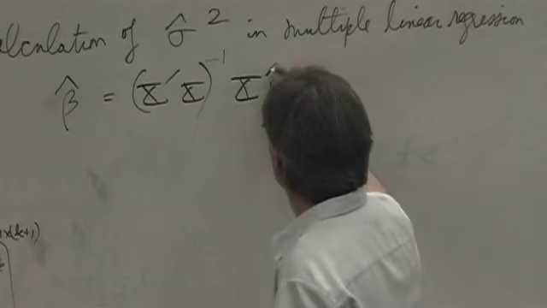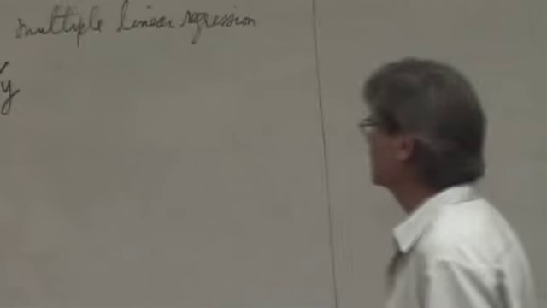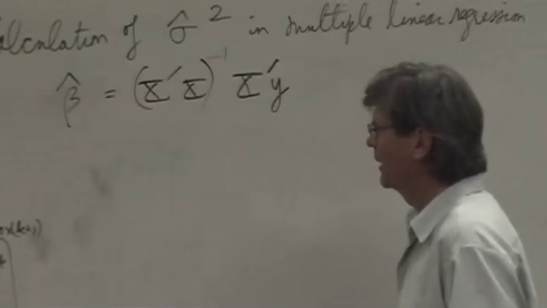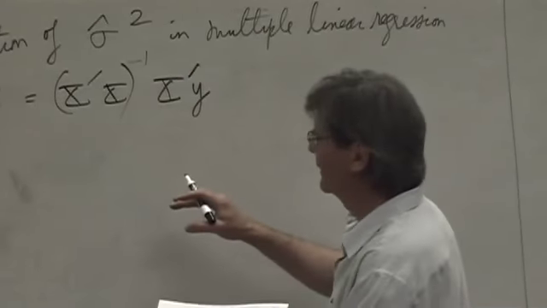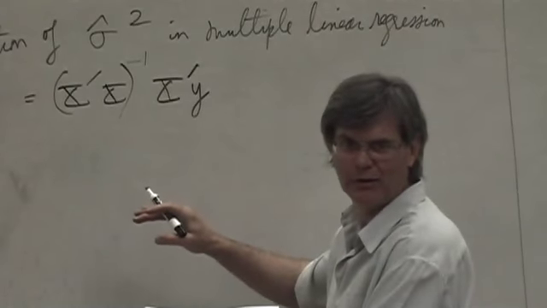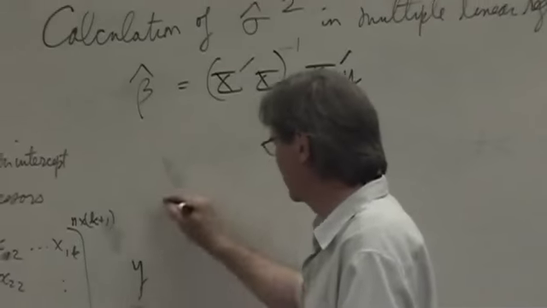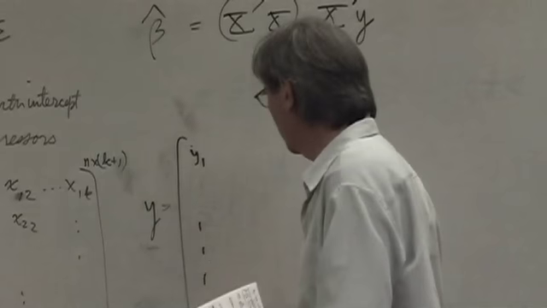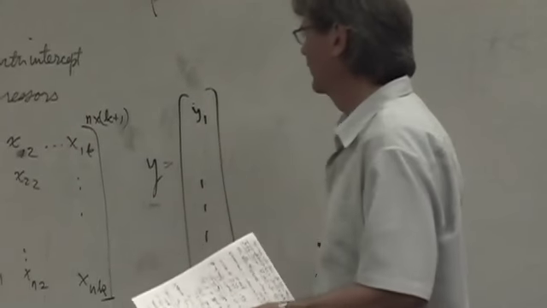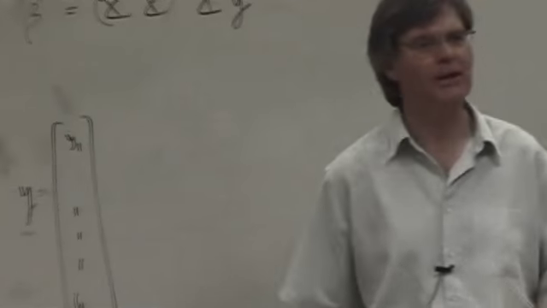Okay? Got to make sure they're the right dimensions, because X prime is what multiplies y. I have to put X on its side in order to make the product with y. Y is long, y1 down to yn. So Xy doesn't make sense. X prime y makes sense.